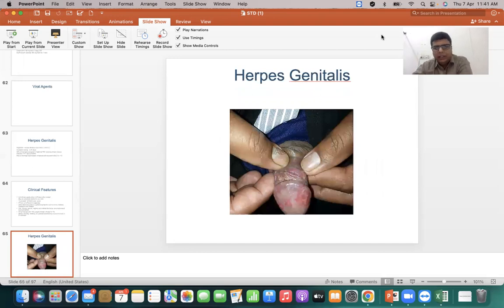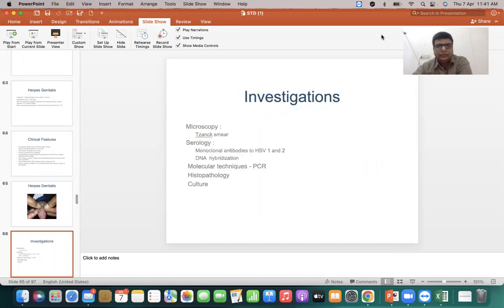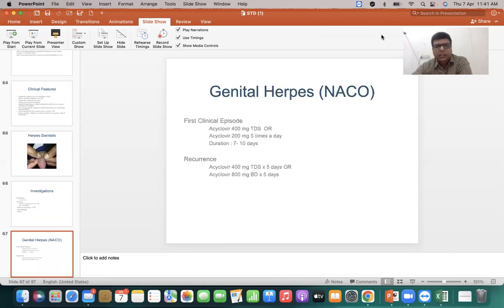You see the multiple erosions due to herpes genitalis. Multinucleated giant cells can be seen in Tzanck smears. Diagnosis by serology, monoclonal antibody for HSV1 and HSV2, DNA hybridization, molecular techniques like PCR.